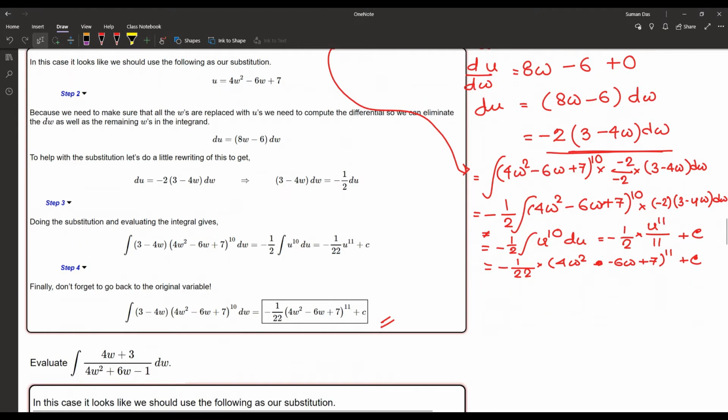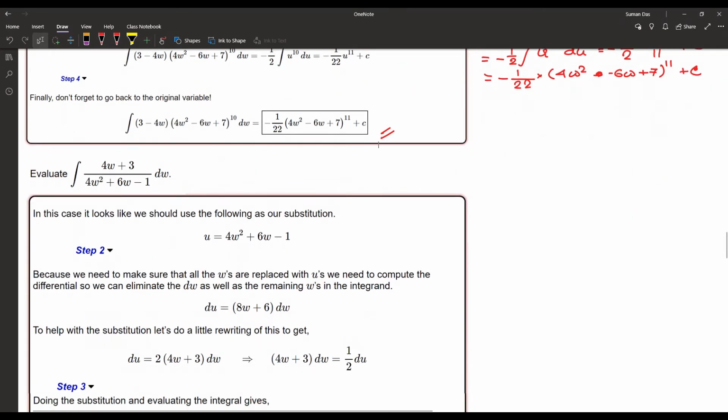So let's check another problem, and in the same way we may consider u is equal to 4w^2 + 6w - 1.